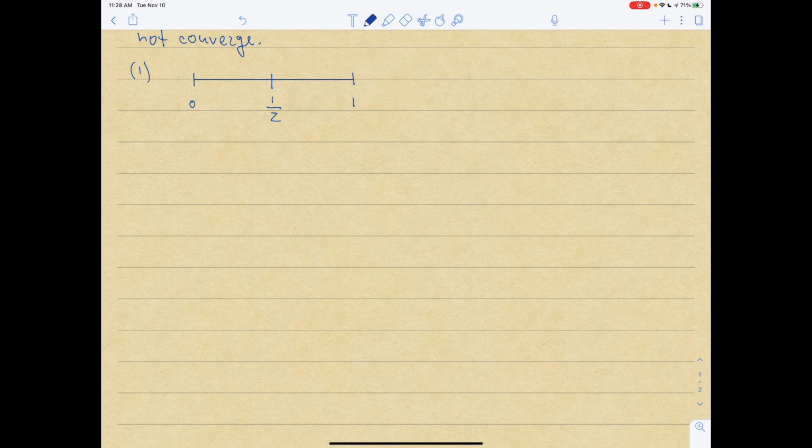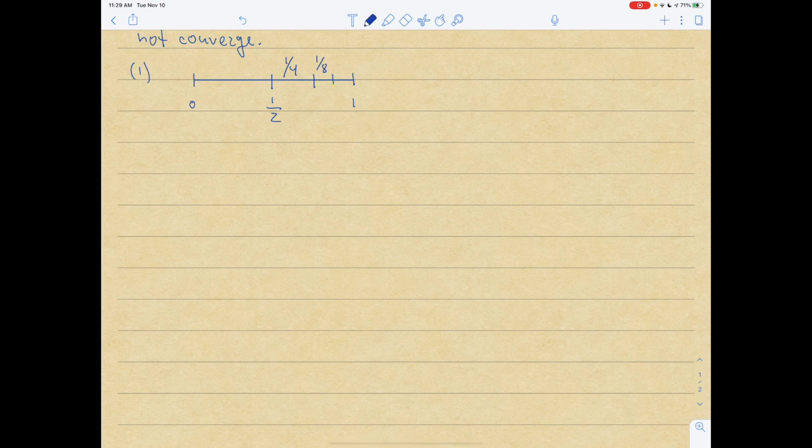Then I'm going to subdivide the interval from 1/2 to 1 into two pieces. So the length of this interval is going to be 1/4. I subdivide the remaining interval into two pieces. So the first remaining interval is 1/8. Another subdivision into two pieces. The first remaining interval is 1/16.